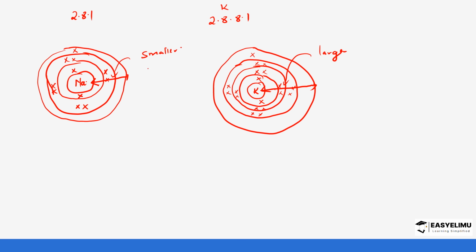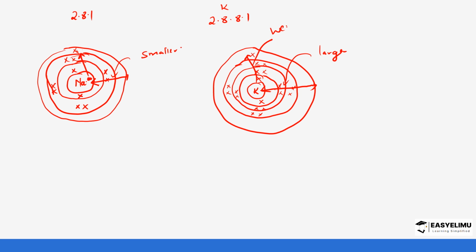So the distance is small. So this nucleus, which is positively charged, is attracting this outermost electron very strongly because it has to overcome the first shell, the second shell, up to the third shell. If you compare it with potassium, potassium actually has to go through 3 shells in between before it gets to the outermost shell where the electron is. So you can see that distance is very large. So the attraction is very weak.